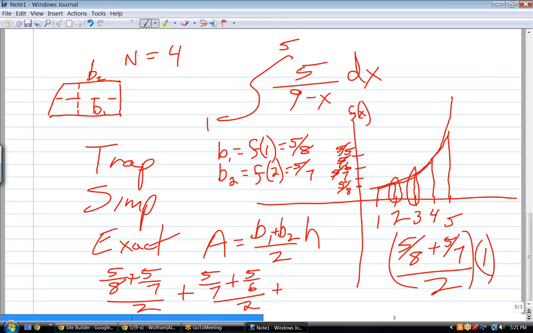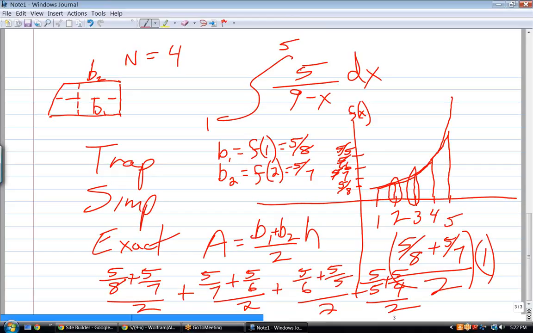The third one has f of 3 as its base, which is 5/6, plus f of 4, 1. Now let's write that as 5/5 so we understand exactly what we're doing. And the fourth one is 5/5 plus 5/4 divided by 2. So you see, can you read that? I don't know. Yeah, I can.